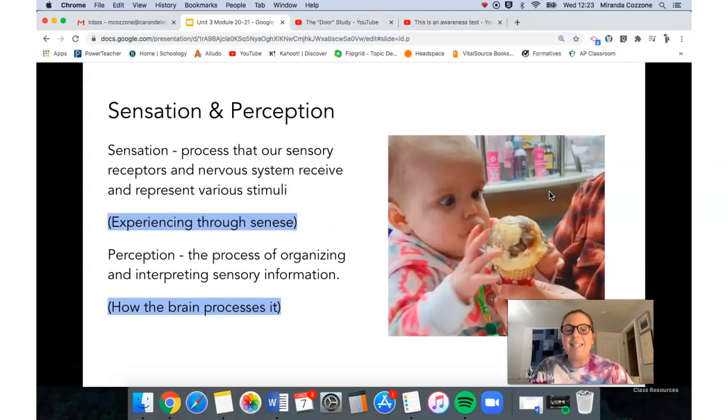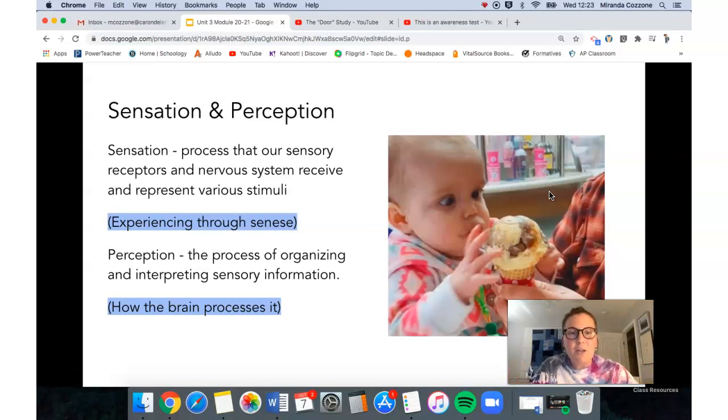Sensation is experiencing through the senses, while perception is the process of organizing and interpreting sensory information, in other words, how the brain processes it.